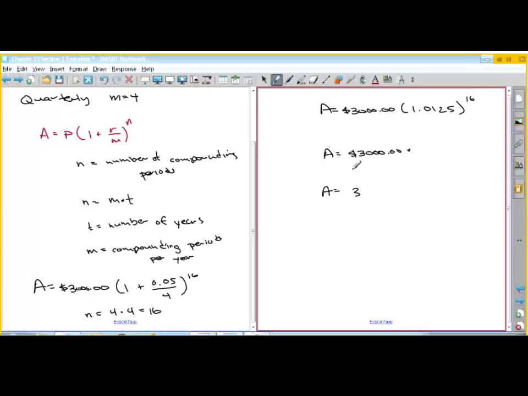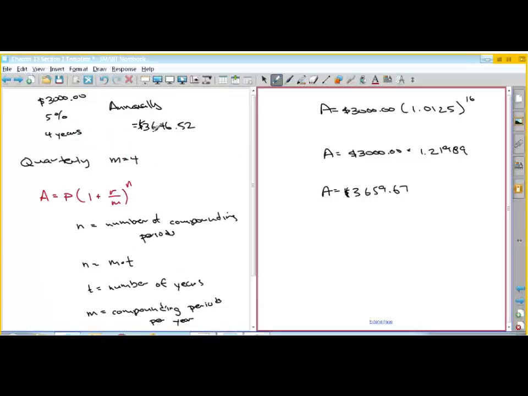1.0125 to the 16th power is 1.219989. Okay, then multiply it by 3,000, and you get $3,659.67.